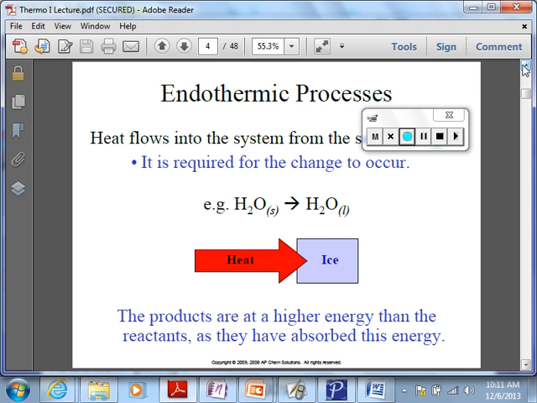If we're endothermic, delta H, I'm going to make a note out here about endothermic. Delta H is going to be positive. Delta H positive.